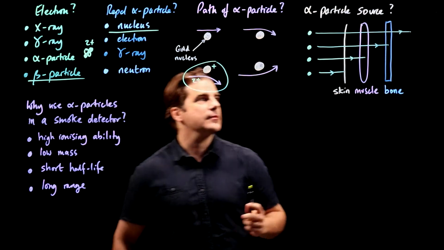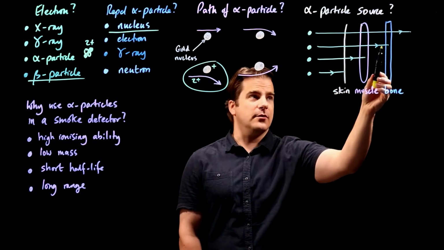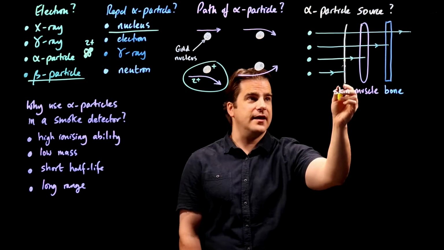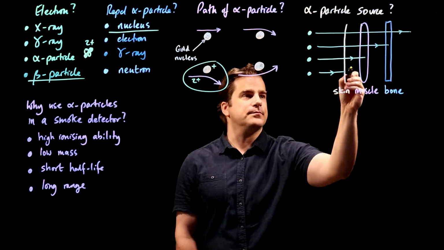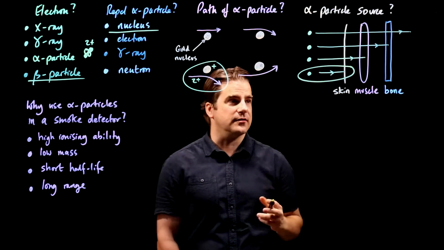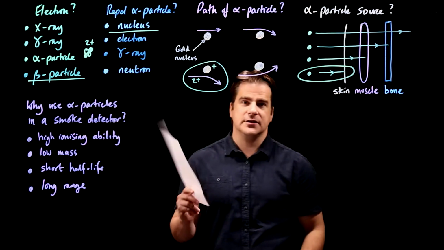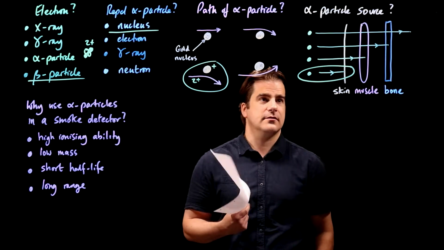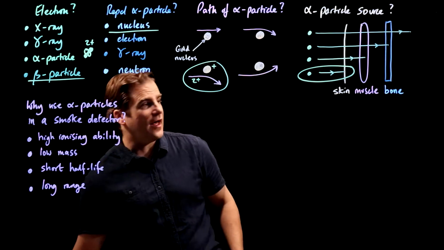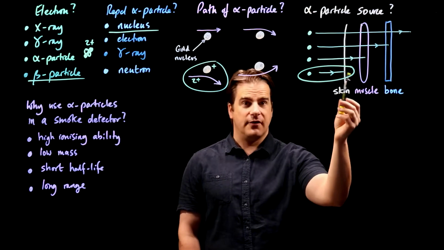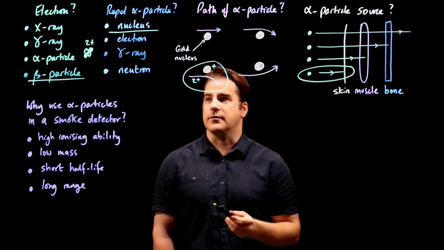So it can't be that one. Can't be that one. That makes it all the way through the skin and muscle. Can't be that one. It makes it through the skin. It must be this one. That must be an alpha particle because it's stopped just by the skin. If a single sheet of paper stops alpha particles, then your skin is thicker than paper, so that will definitely stop alpha particles. So it's that one.